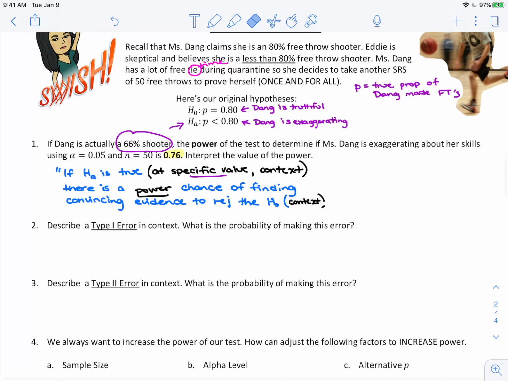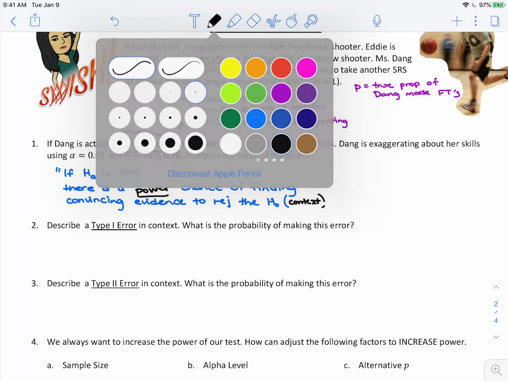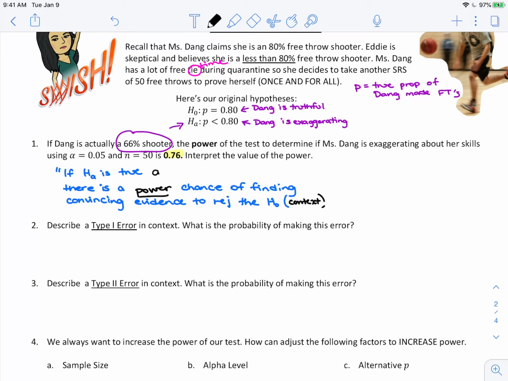So I'm just going to plug that in. So if the Ha is true, and this Ha is just like a number, it needs to be below 80%, and then they give you this number, 66, random number, but it is below 80%. Dang is a 66% free throw shooter.